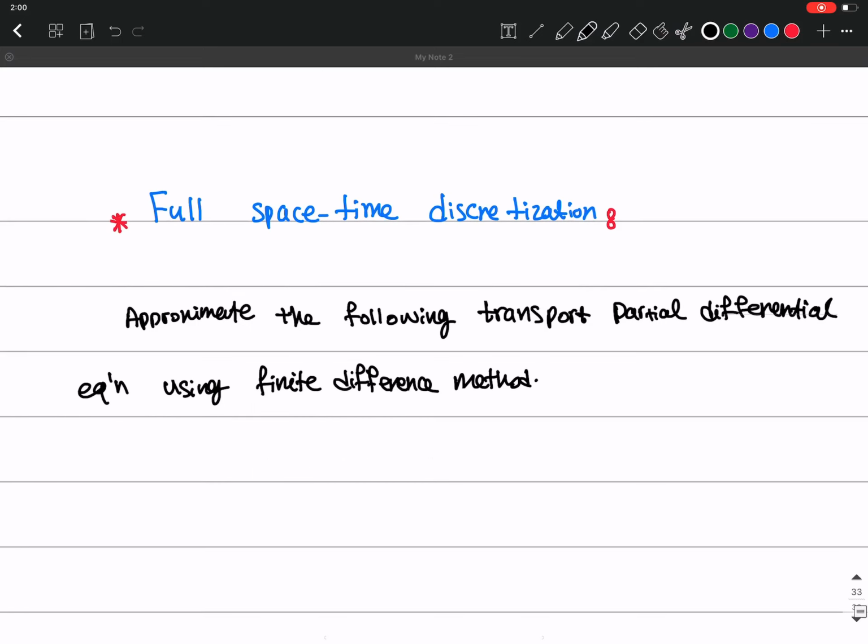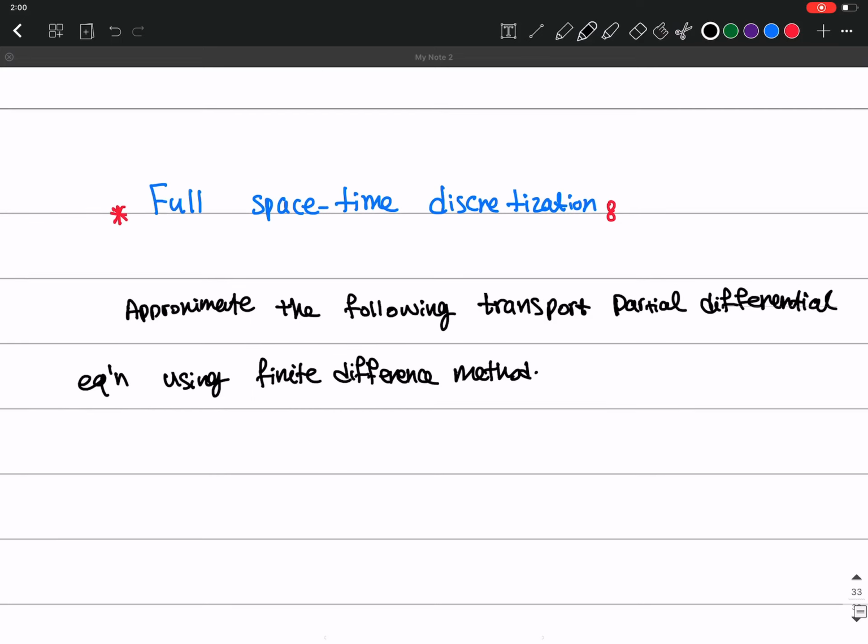The PDE that we have is a transport equation, a simple advection diffusion transport equation.